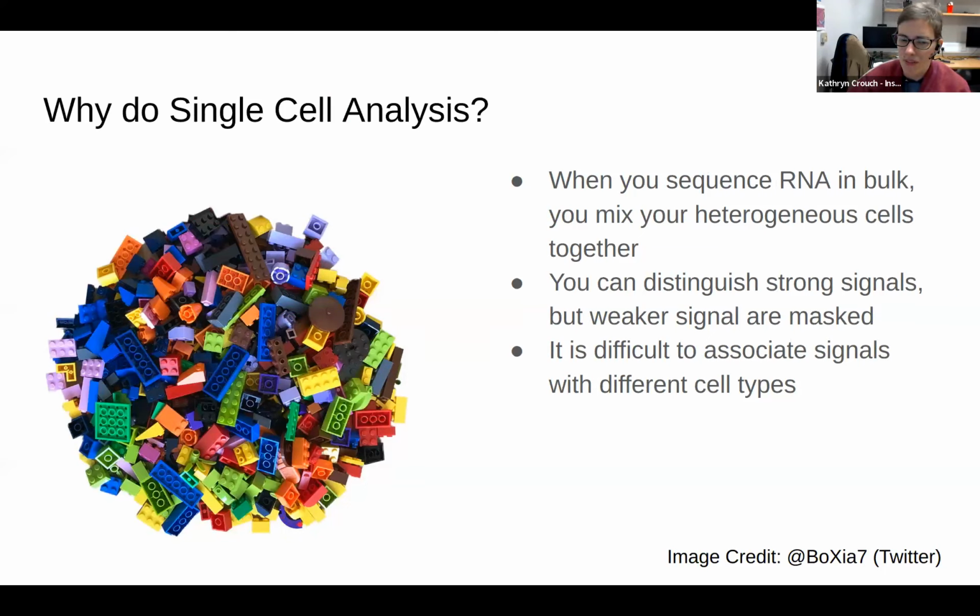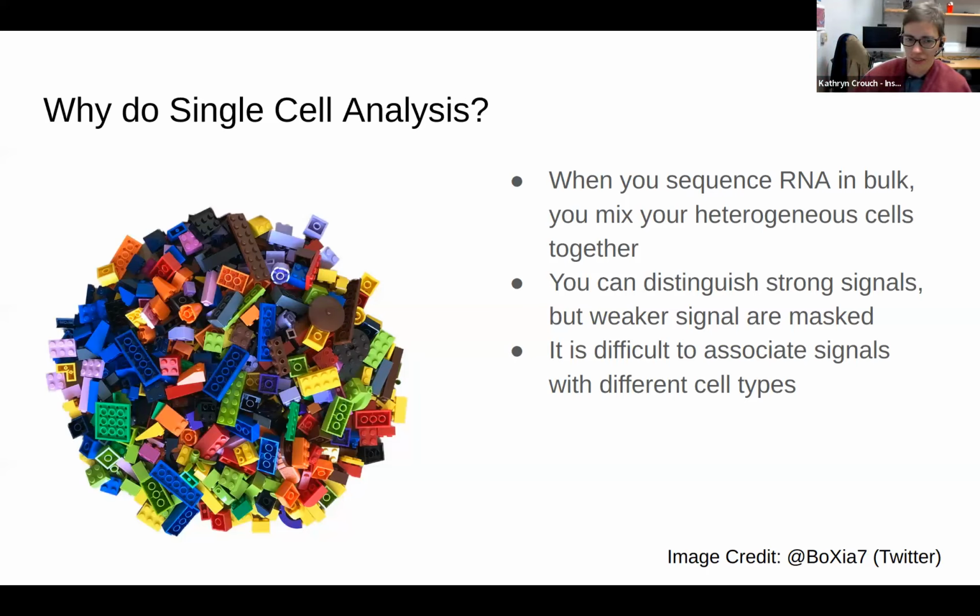So I probably wouldn't be able to tell very much about those from this sample. And the other problem is that if we do have a mixture of cells in our samples, we can't necessarily distinguish which of those cells are contributing which signals. We just get a sort of pooled signal. So it's difficult to associate signals with different types of cell in the sample.